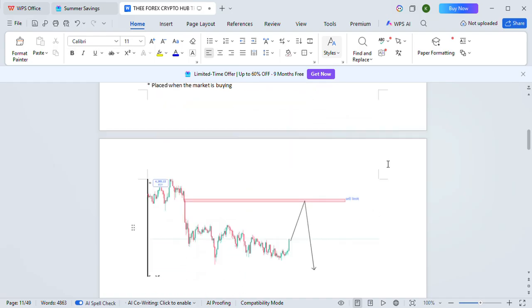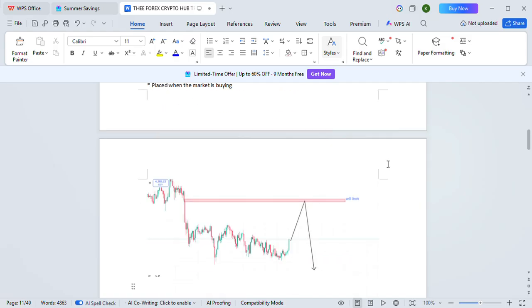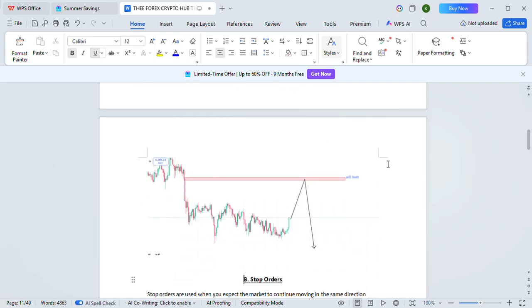Then we have the second one, which I've demonstrated as well. That is a sell limit, an order placed to sell at a specific price or better, placed above the current market price, used when you expect price to rise to a level and then reverse down. So the market is buying, you expect it to reach a certain point and then it will sell.